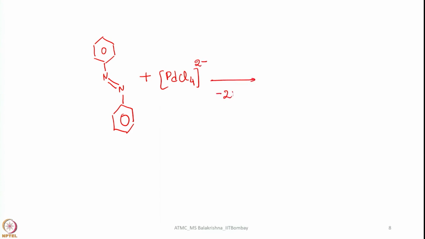Let me show you the first example of orthometallated compound, that was with palladium with this azobenzene. So when this organic compound was refluxed in ethanol with potassium tetrachloropalladate, it resulted in the elimination of 2 equivalents of HCl to form a compound like this.